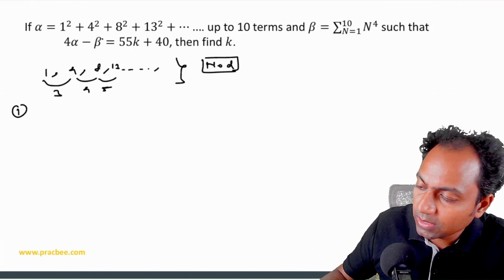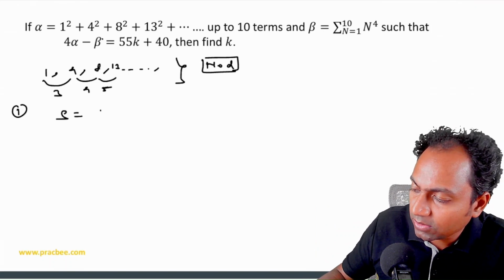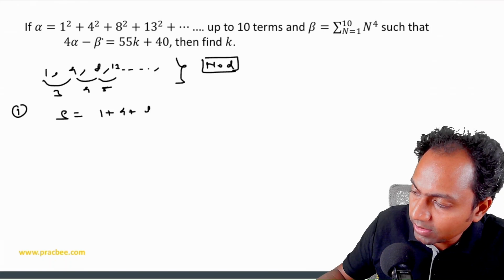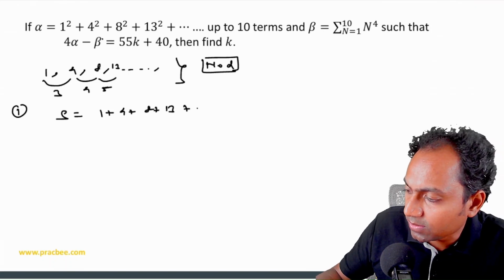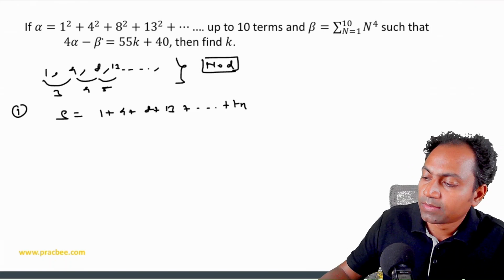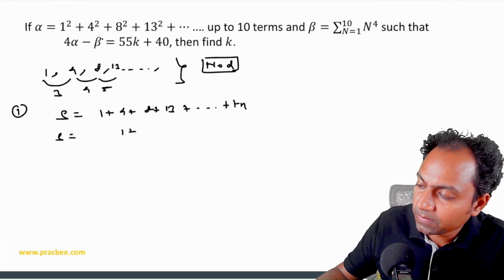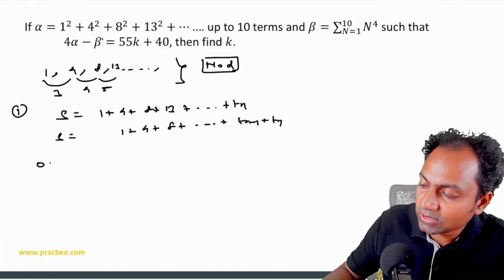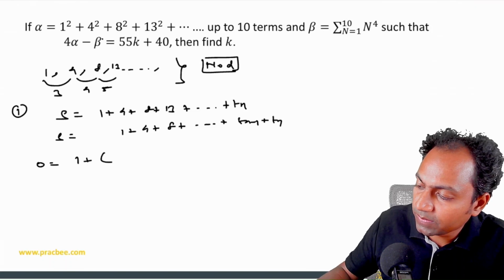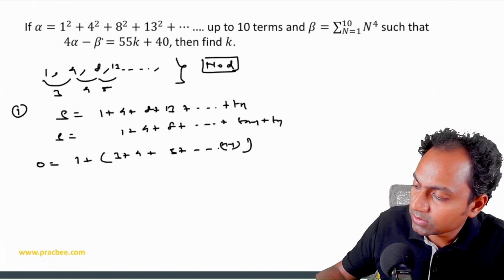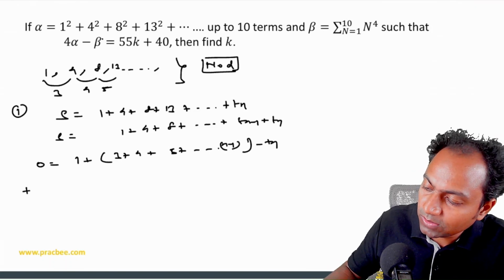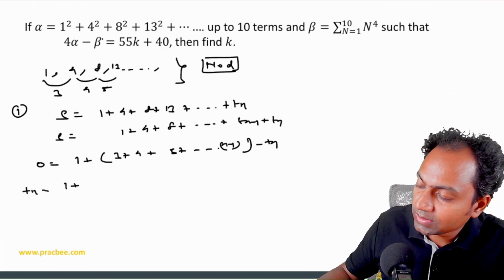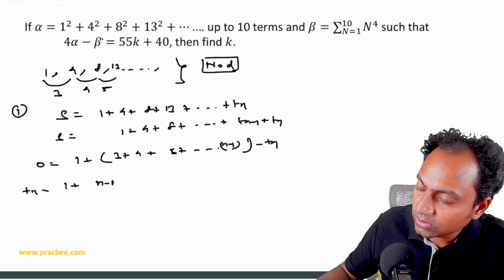So our first step becomes, if I want to write S of this series 1, 4, 8, I am not writing for the original series, I am writing without the square. Then what I can do is I can shift the term by 1. And then subtract, because this is the standard technique. Once you do so, this will become 3, 4, 5 up till n minus 1 terms minus tn, and from here you can get the value of tn. You can see that this is an arithmetic progression with n minus 1 terms.